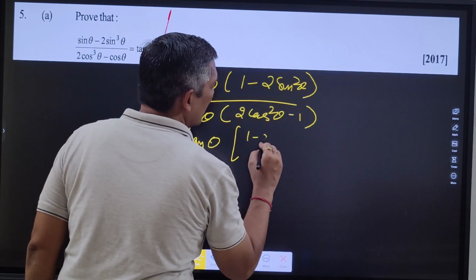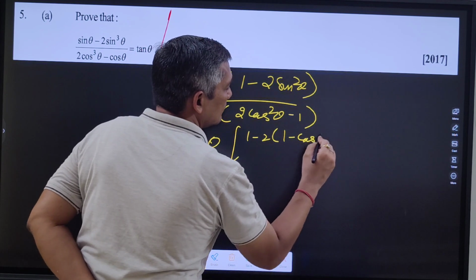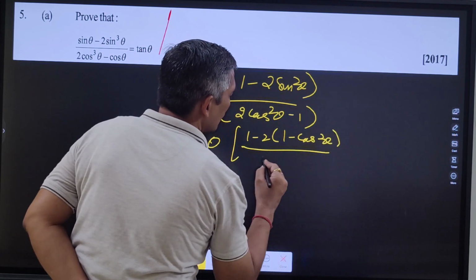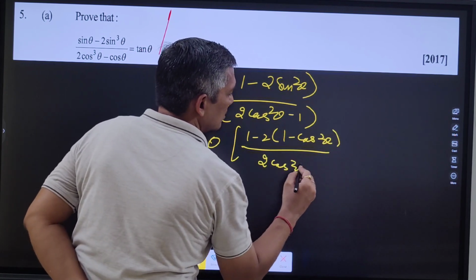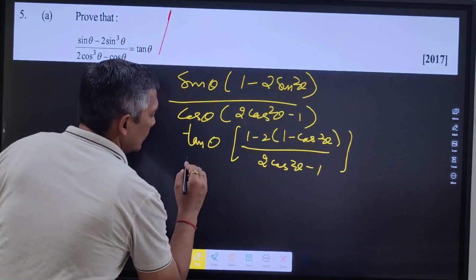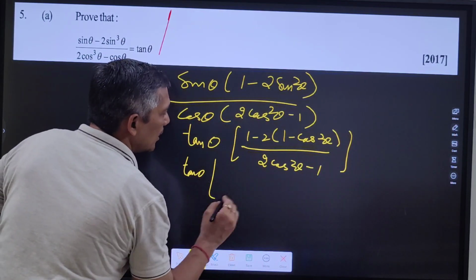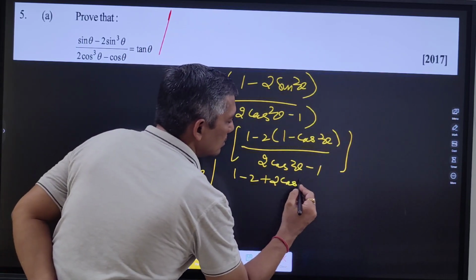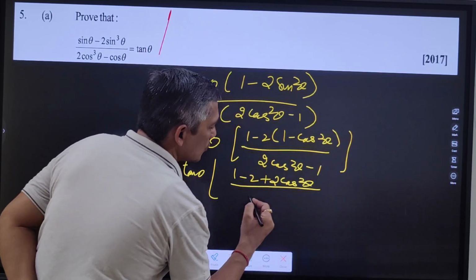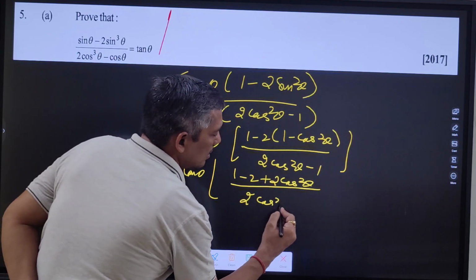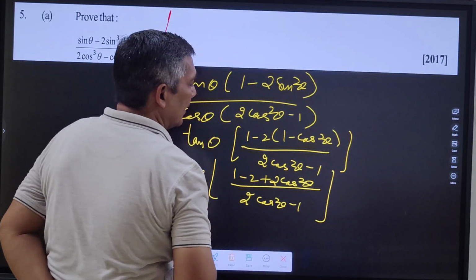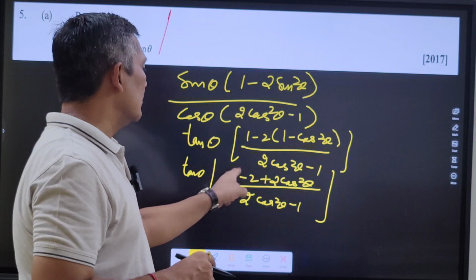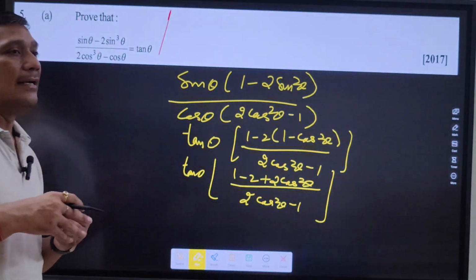This becomes 1 minus twice of (1 minus cos²θ). So this becomes tan θ (1 − 2 + 2 cos²θ), that is, 2 cos²θ − 1 upon 2 cos²θ − 1.